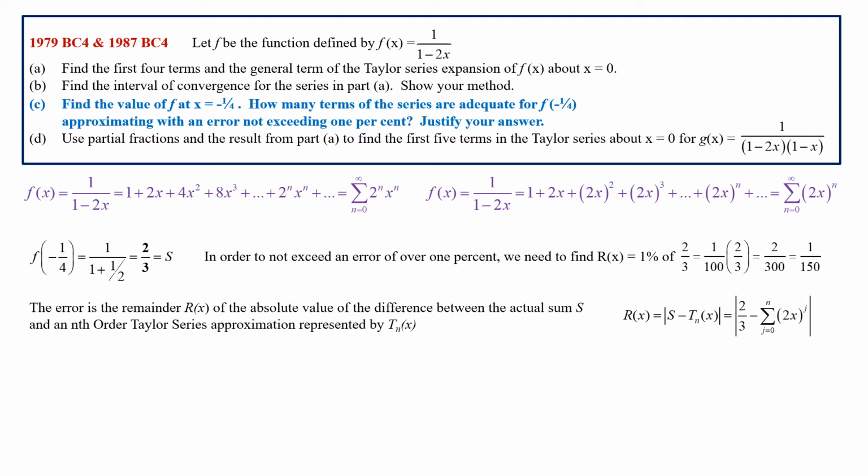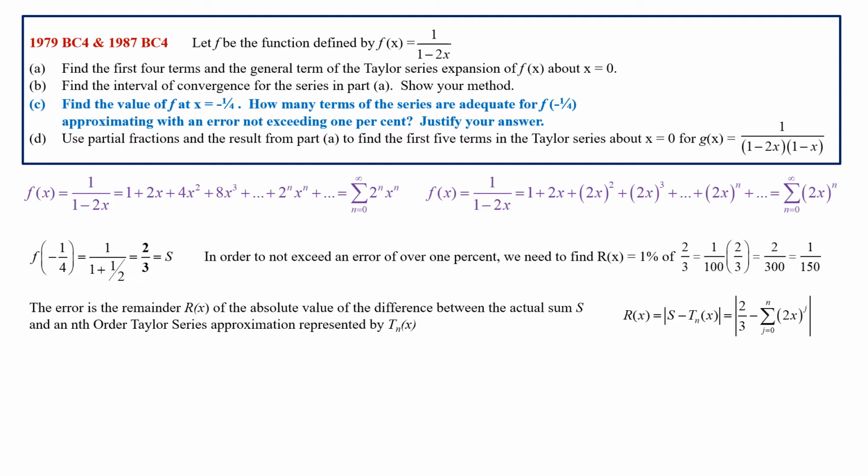That's all, just going to make it positive. S is the original, the actual amount. In this case, 2/3. We know that the answer is 2/3. Whatever Taylor series polynomial we use to approximate, we'll subtract that from 2/3, and that will be our error. And so what we want is an R of x that's going to be less than 1/150.